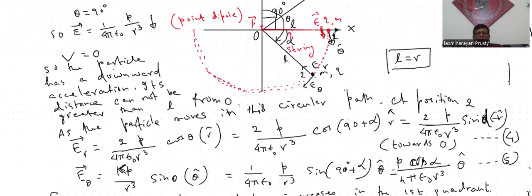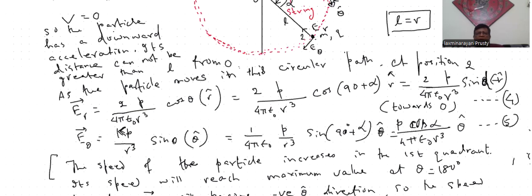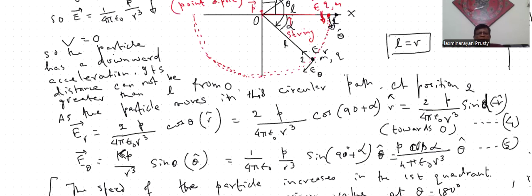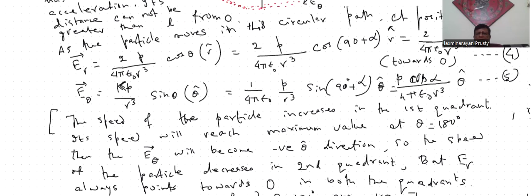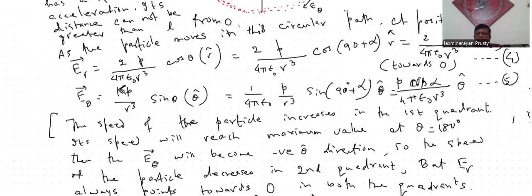At any instant, the ER, the radial inward force, is providing the acceleration towards the center. So the velocity is increasing, and so the radial electrical force is also increasing, as V is increasing.